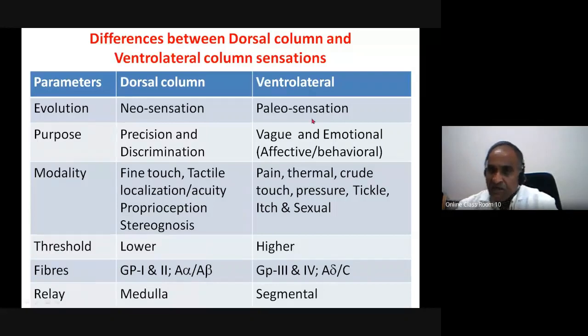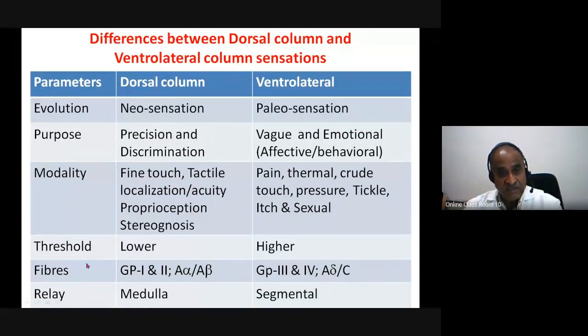Whereas the ventrolateral column sensation is vague, emotional, and it has affective or behavioral components. So that means you may be hurt and respond to that, or you may become aggressive, you may become apathetic, whatever the emotional components are working on.